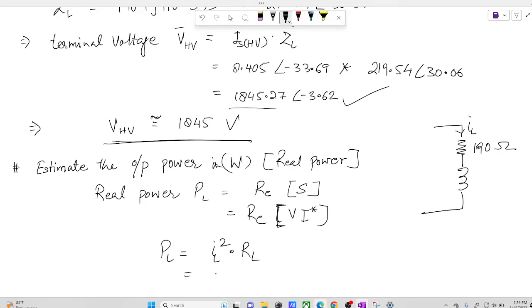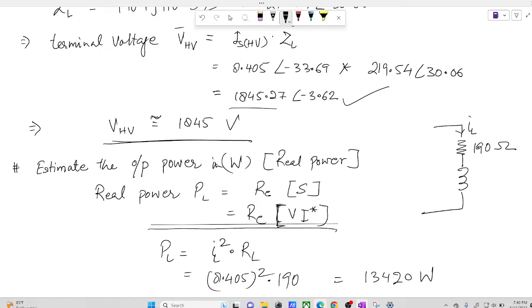So IL square will be 8.405 square into 190, that you will get close to 13420 watt. Half of you try to attempt using this part and the rest verify through the second part which I have given. Both ways answers should match.